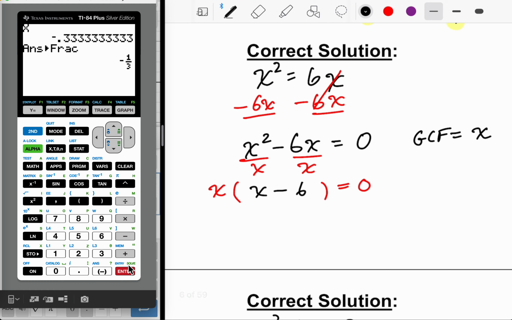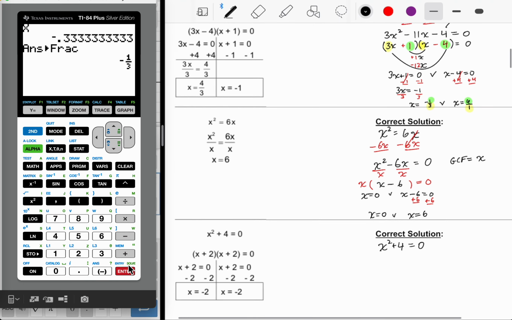So x is equal to 0 or x minus 6 is equal to 0. Add 6 to both sides and you get two solutions, x equals 0 or x equals 6. So it's pretty easy to see what happened there.